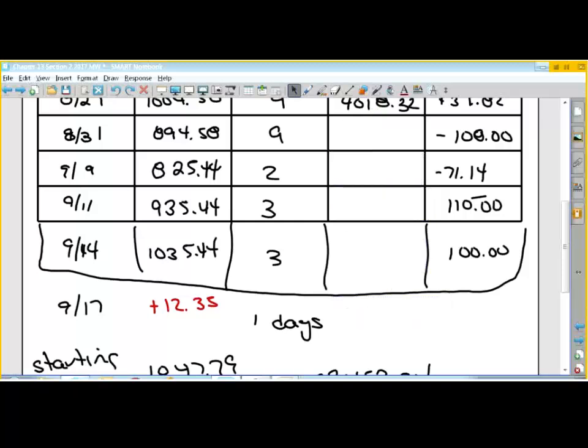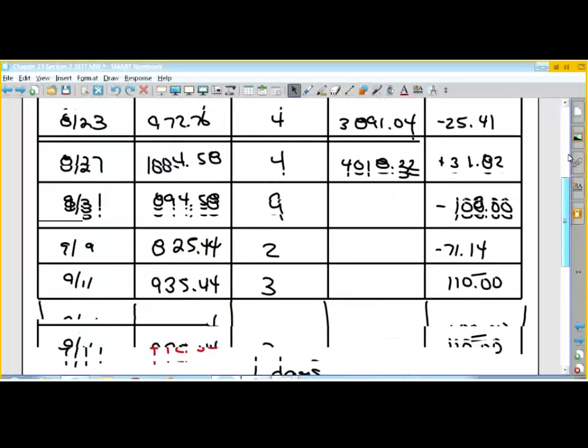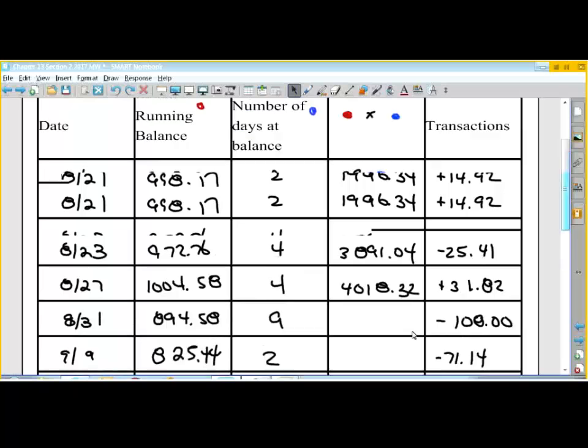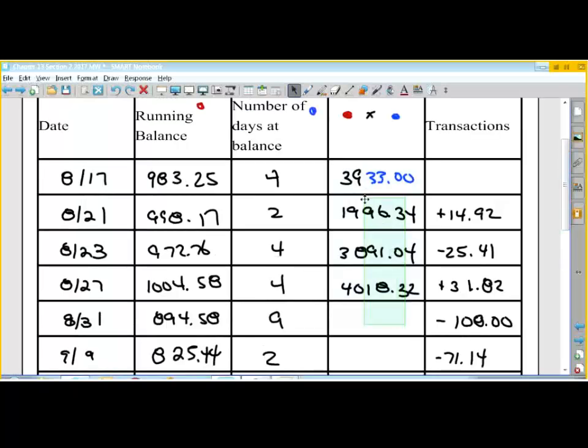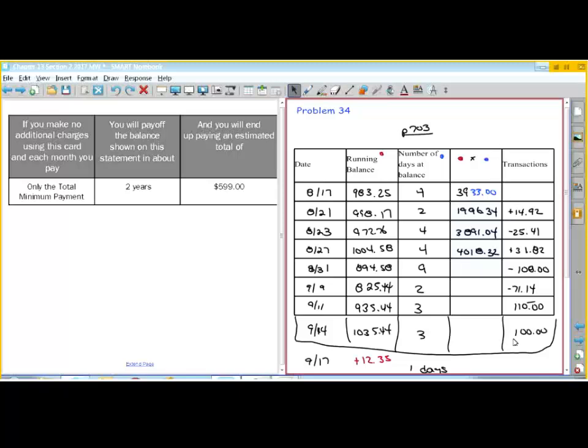I'm going to erase the row that has the... let me zoom out a little bit so I can get a better idea. There we go. What I wanted to do there.